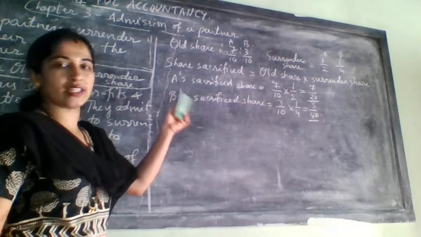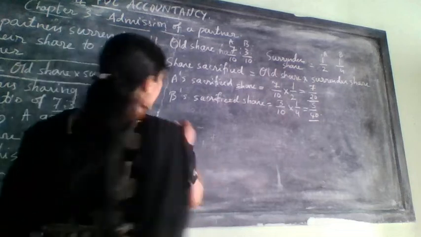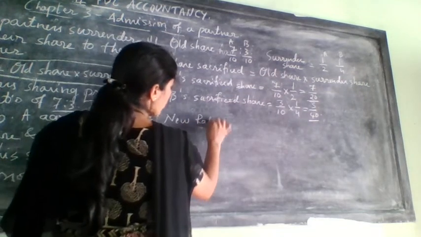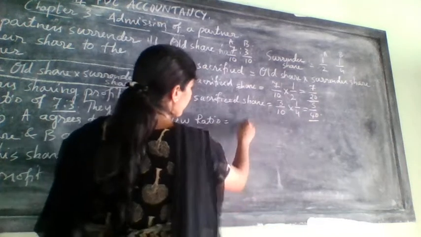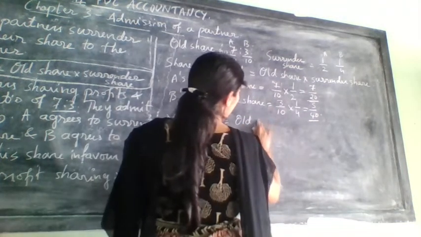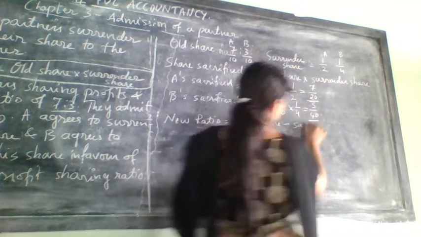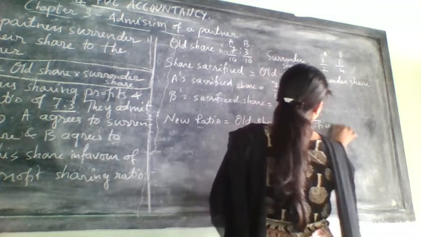After getting the share sacrificed, now apply the formula: new ratio is equal to old ratio, or old share, minus sacrificed share.